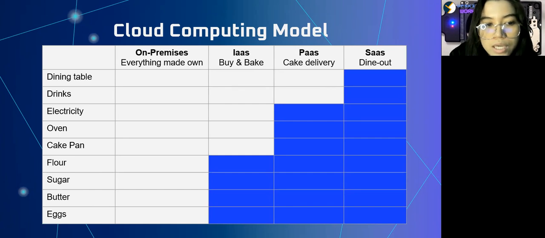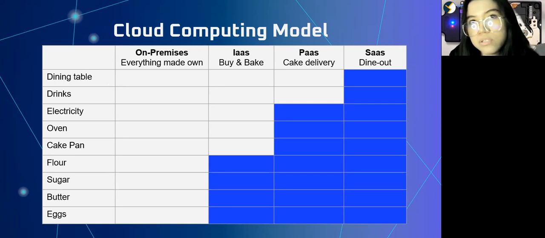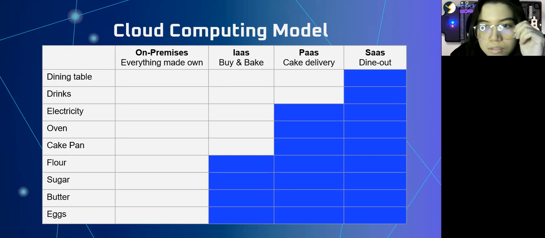So you need the cake pan, the oven, the electricity. And to fully enjoy it, you need drinks and a dining table, or let us include the utensils, the plate, the spoon or fork in order for you to eat a cake.